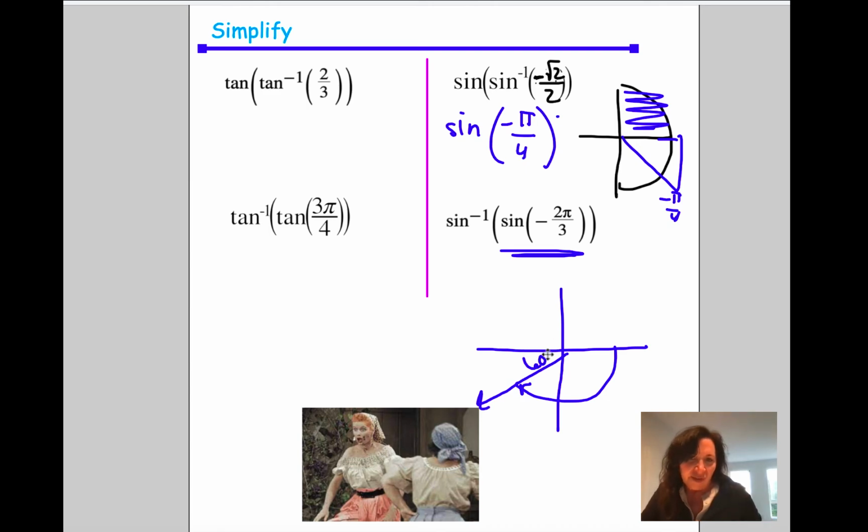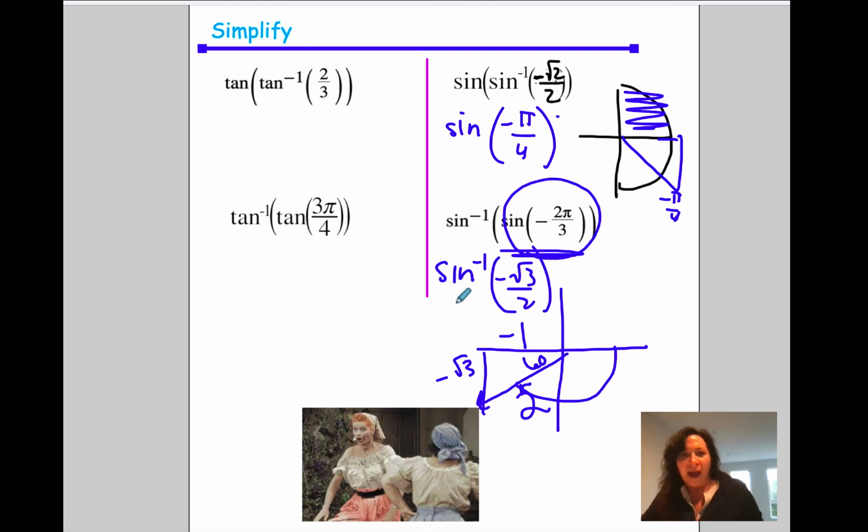So we know that this is a 60-degree reference, which would then mean that this is negative root 3, this is 2, and this is negative 1. So what is sine of negative 2 pi over 3? Well, it's negative root 3 over 2. So you would go arc sine of negative root 3 over 2.